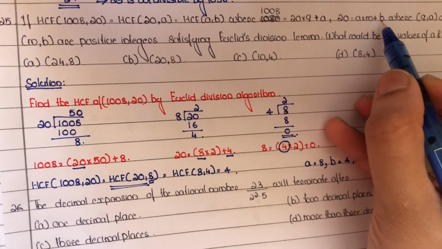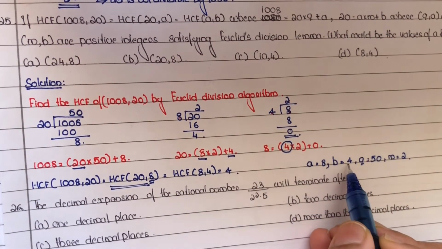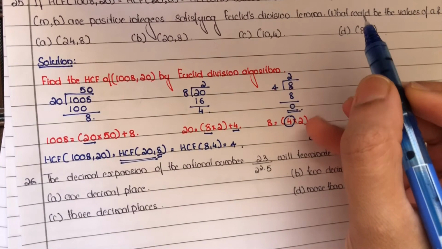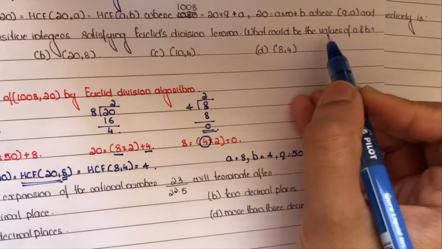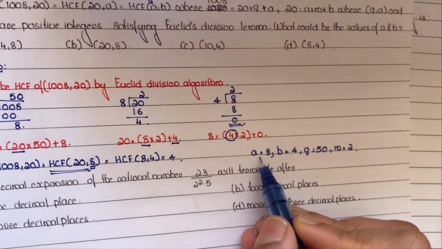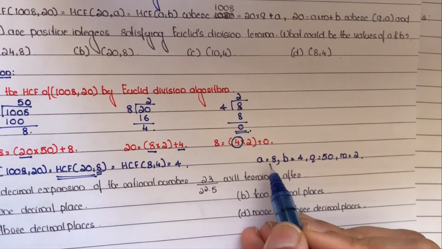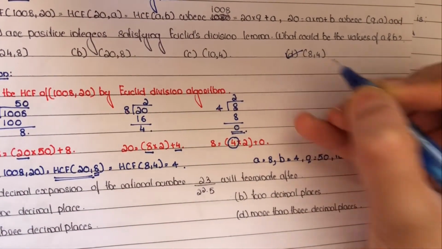A into M plus B, B is 4. Clear? Here the question is what could be the values of A and B. So A equal to 8 and B is equal to 4. 8, 4. Option D.